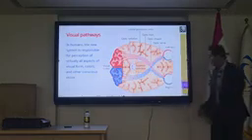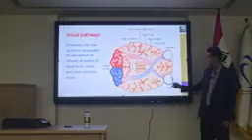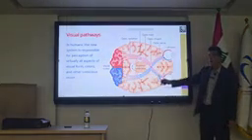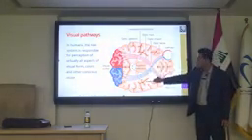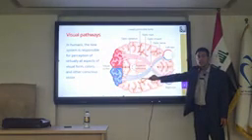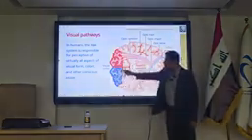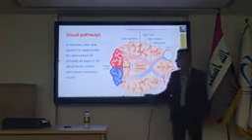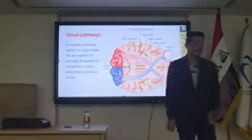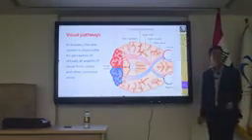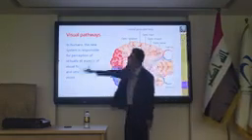Right? So, from the retina to the visual cortex, we have retina, optic nerve, optic chiasm, optic tract, lateral geniculate nucleus of the thalamus, optic radiation, visual cortex. So this pathway is called the new visual pathway. This is the new pathway, the new system.